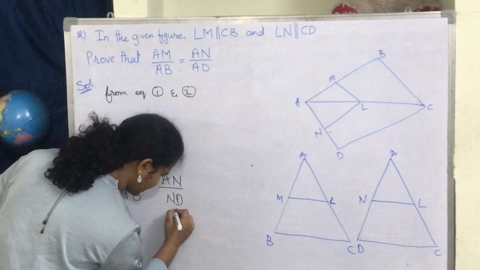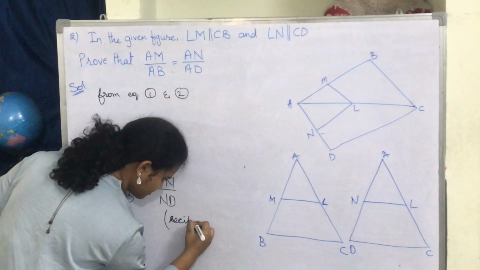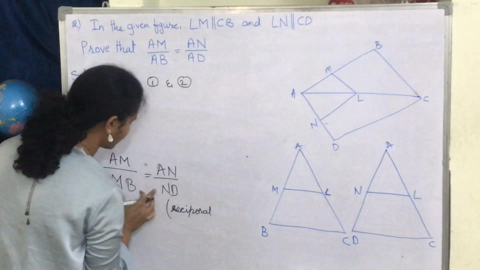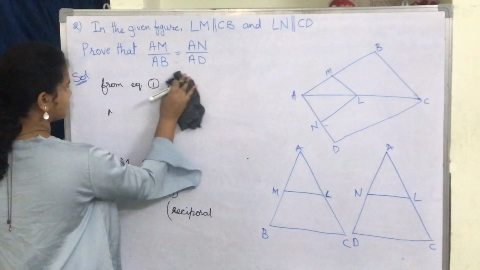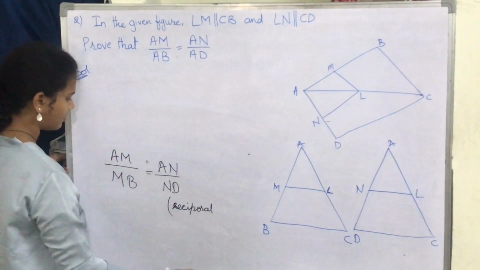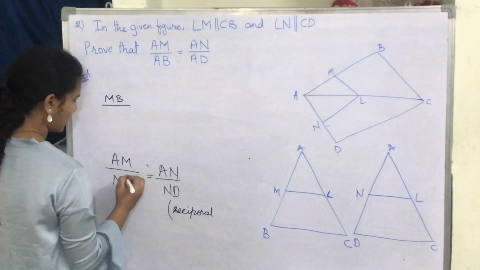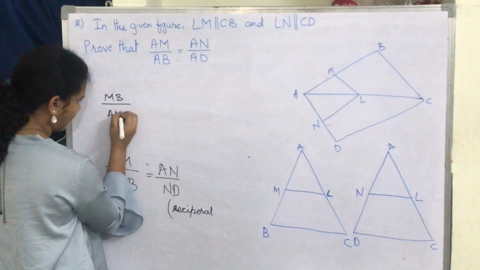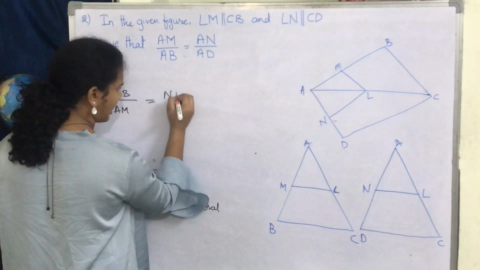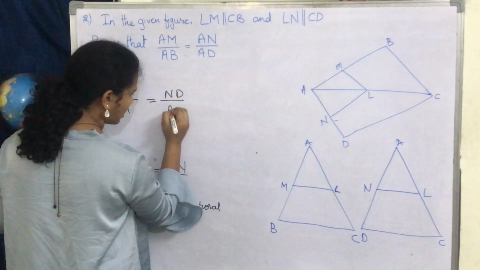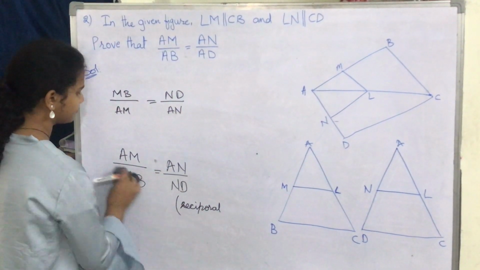By doing the reciprocal, we can write MB by AM equals ND by AN.